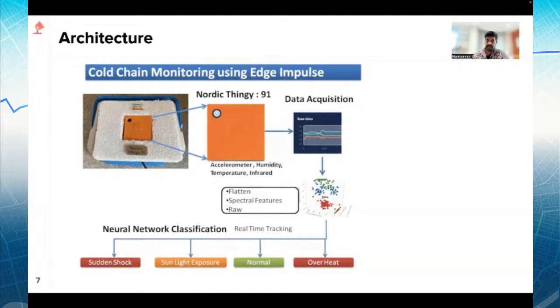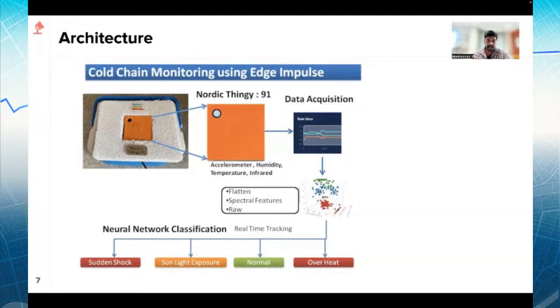So the data acquisition, as I mentioned, is in Edge Impulse. For the pre-processing, I've used three pre-processing blocks: one is flatten, another is spectral features, and another is raw. The raw is used especially for the temperature. Spectral features is mostly used for the accelerometer X, Y, and Z, and flatten I used for the whole. Once we have the output of all the pre-processing, I've used neural network classification.